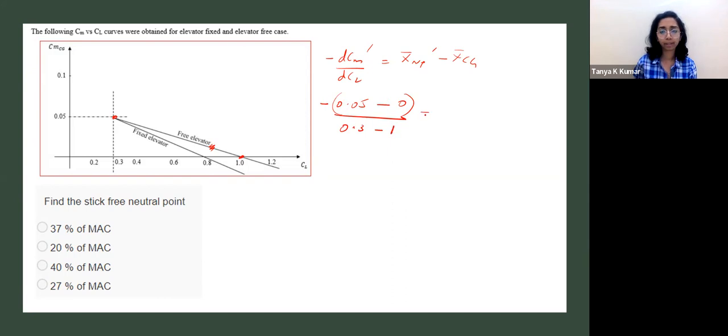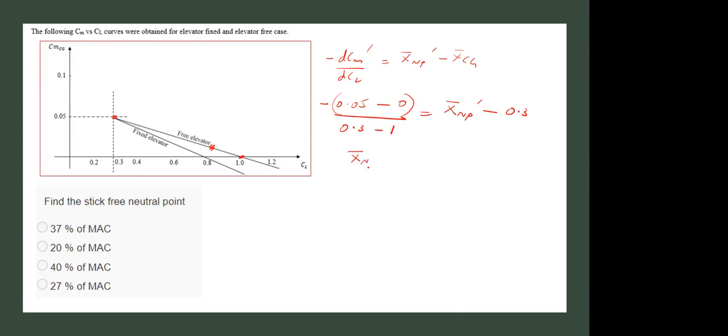Correct? Is x bar NP dash minus x bar CG, that is 0.3. So what is x bar NP? 0.37. Point 37.